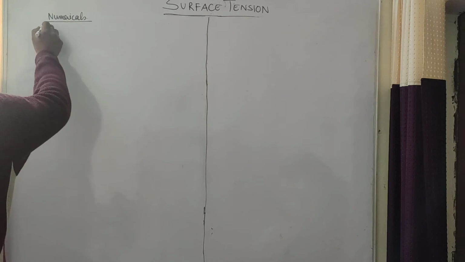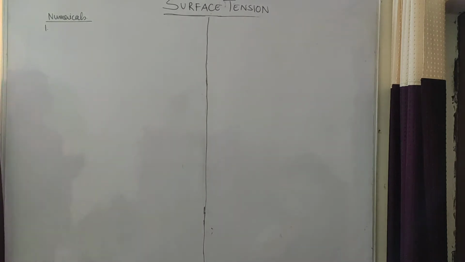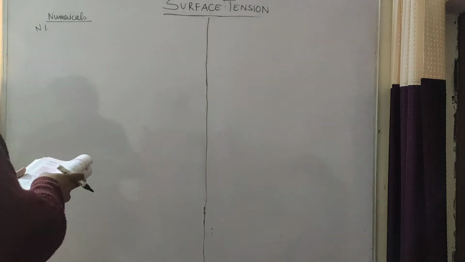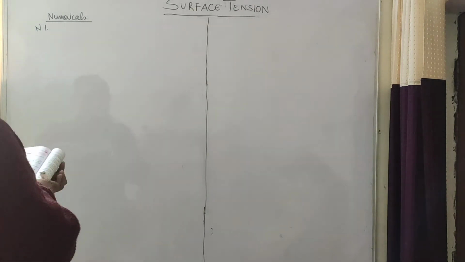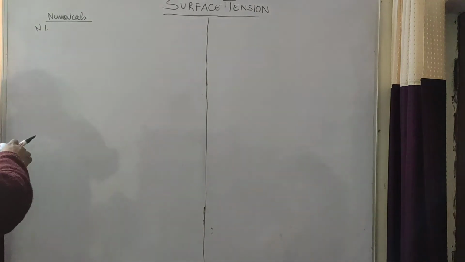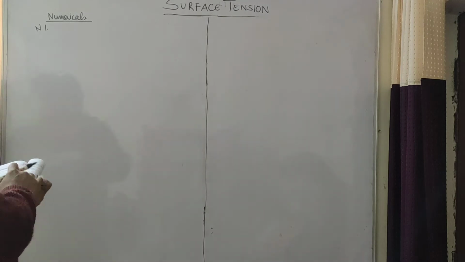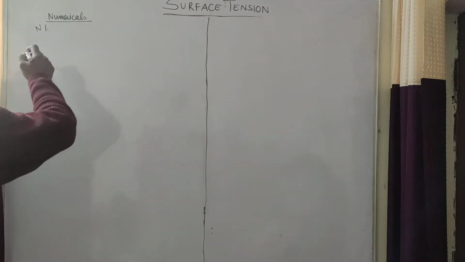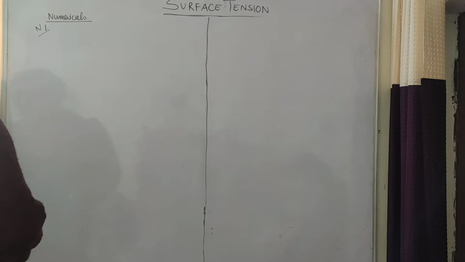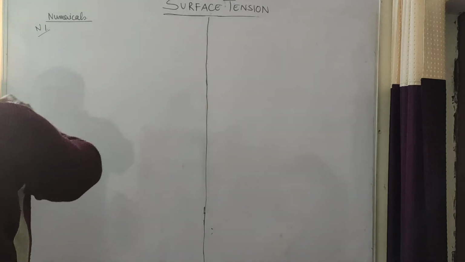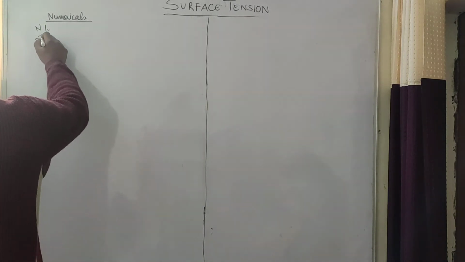Surface tension, starting with numerical number 1 from page 632. I don't have a calculator, so you need to find it, but I will try to solve without a calculator.